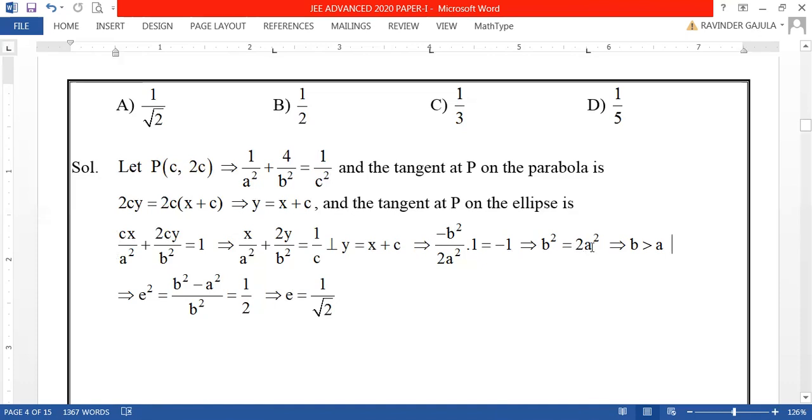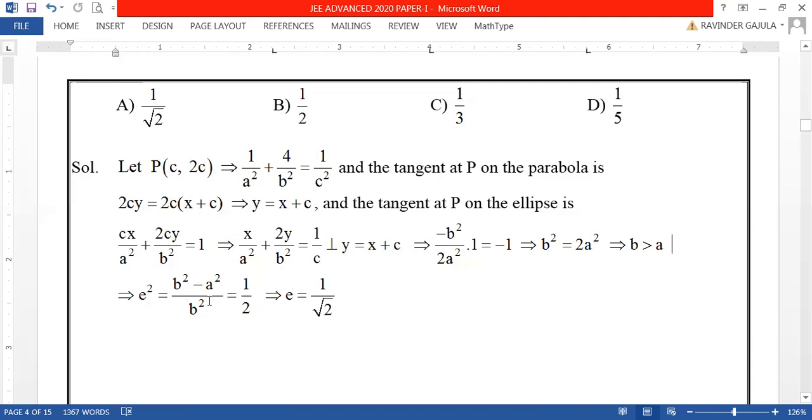When b square equal to 2a square, you can say b is greater than a. In that case, what is the formula for eccentricity? e square equal to b square minus a square by b square, because here the question is for the eccentricity of the ellipse. So when b square equal to 2a square, 2a square minus a square is a square, by 2a square.